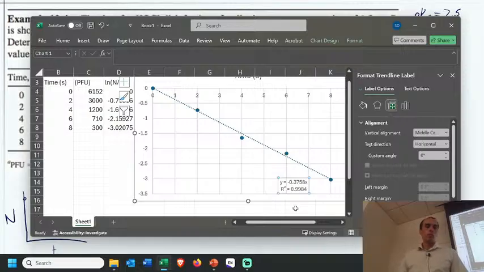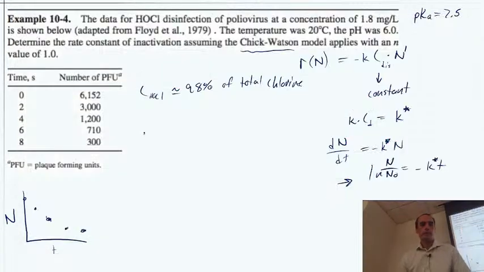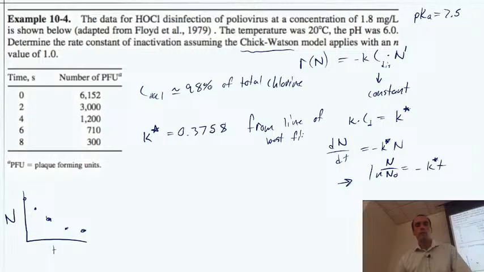So that slope, we could say, is our k star. So k star would be 0.3758, and that's from our line of best fit.